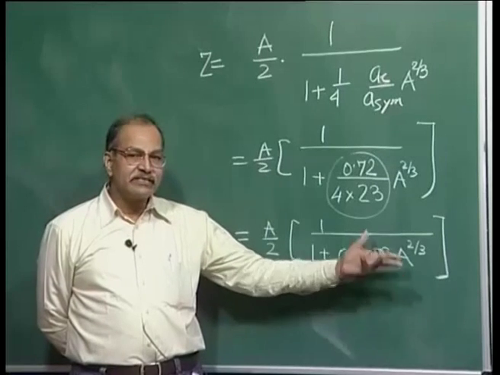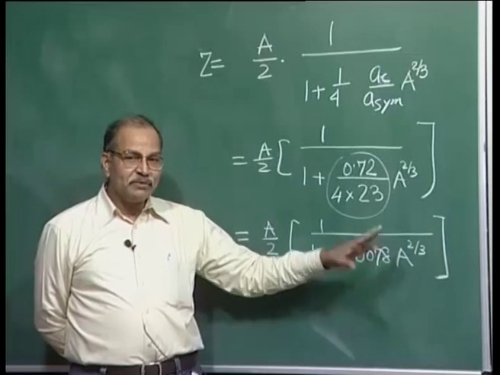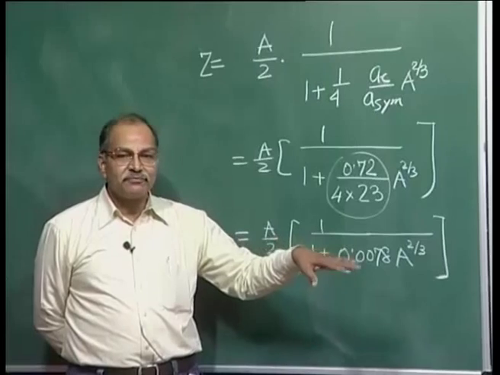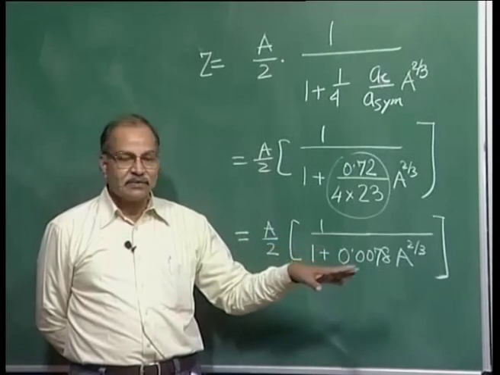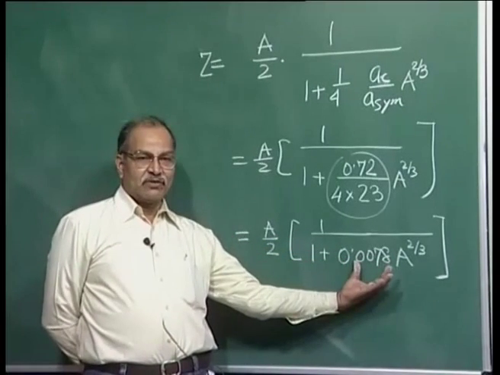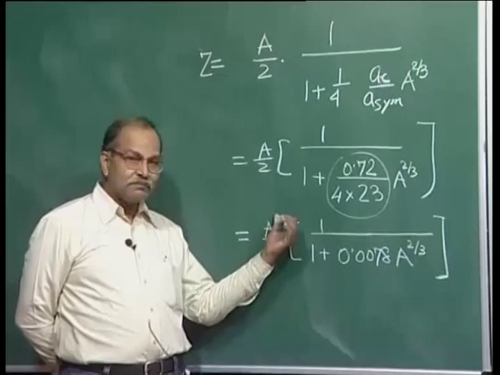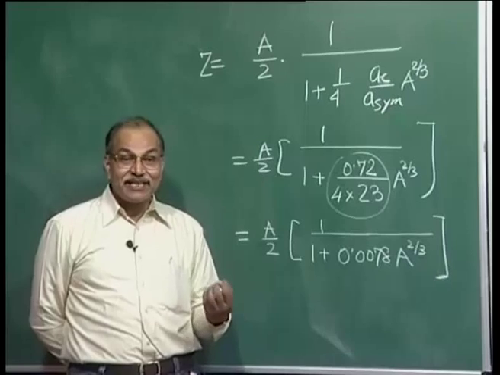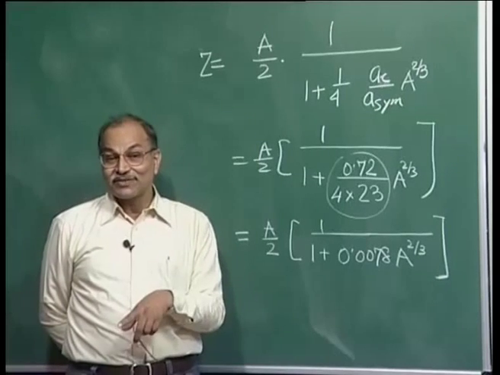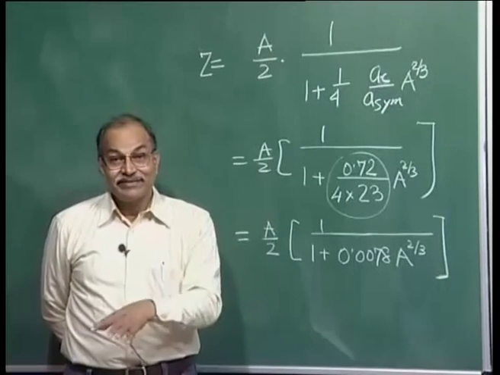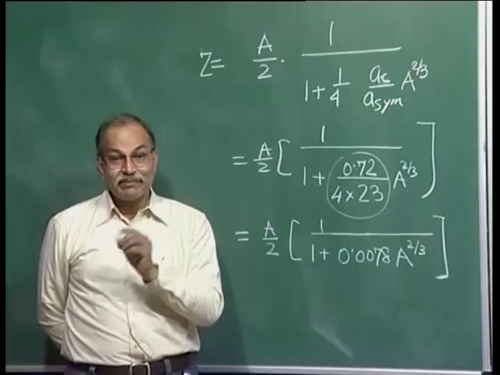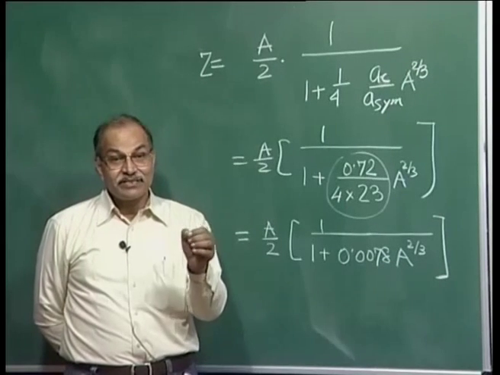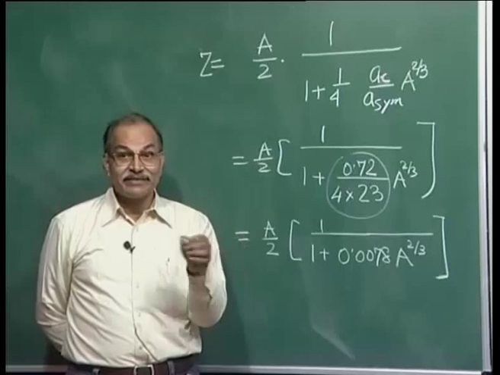So, if A is small, then this factor is very small and Z should be equal to A by 2. So, half the nucleons should be protons and half should be neutrons. That is what we see in the real world. Stable nuclei, oxygen 8 8, carbon 6 6, right.